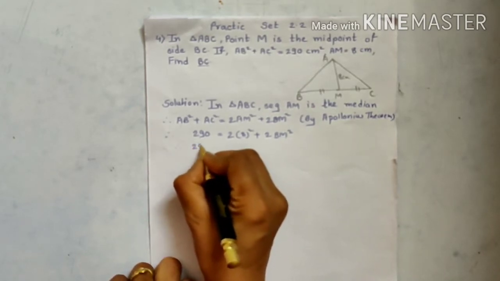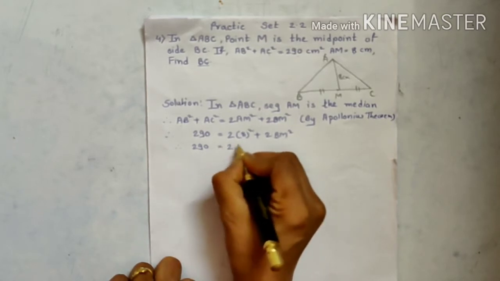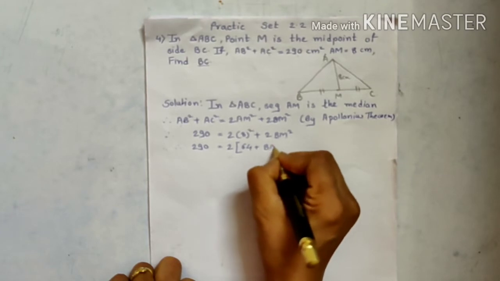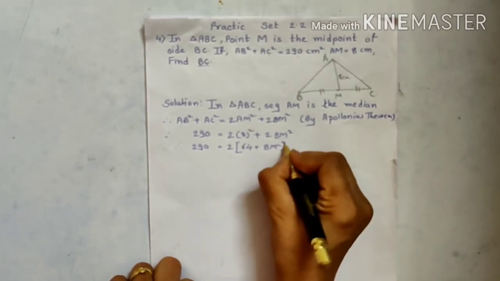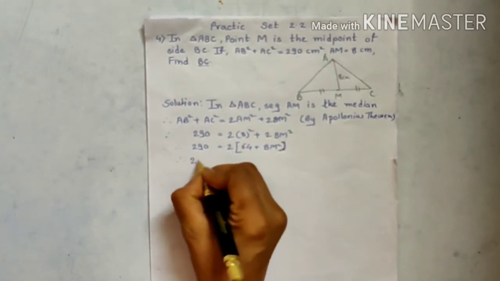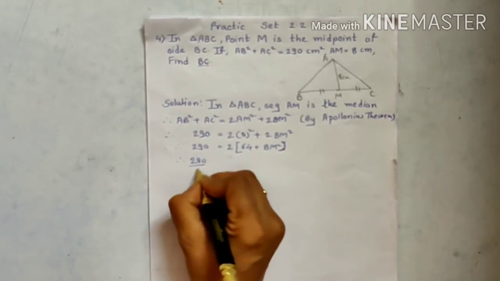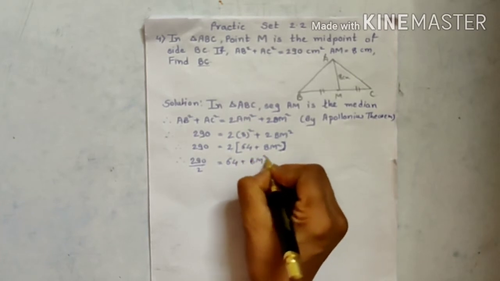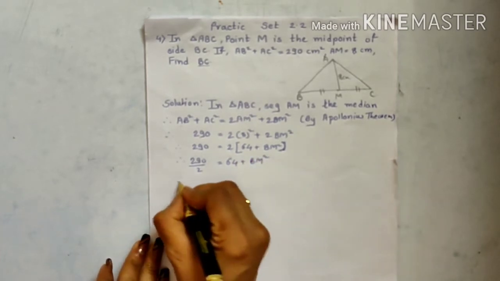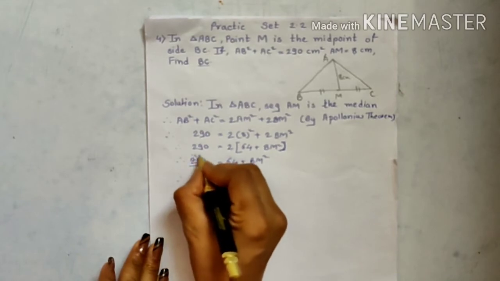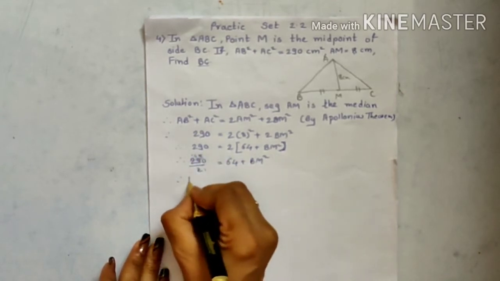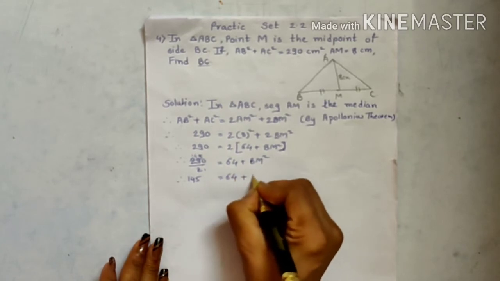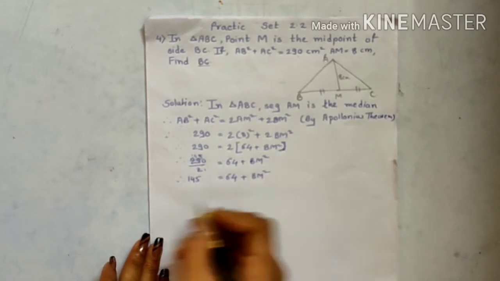Now 290 is equal to, we can take 2 common, in bracket square of 8 is 64 plus BM square. So 290 we can divide by this 2, 145 is equal to 64 plus BM square.